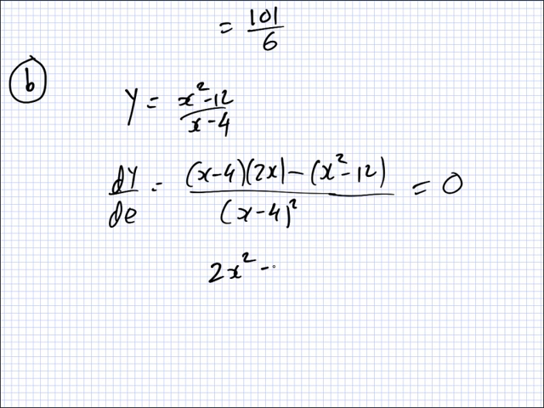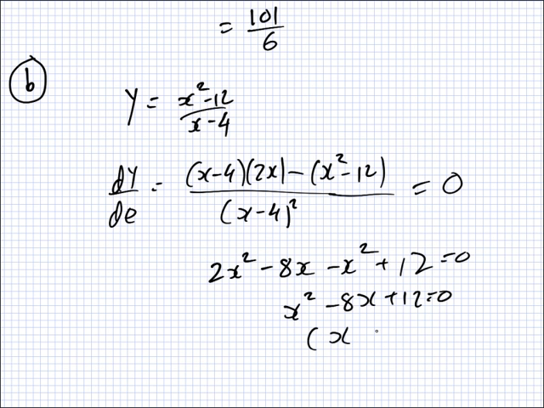2x squared minus 8x minus x squared plus 12 equals 0. So that's x squared minus 8x plus 12 equals 0. So what's that? x, 6 and 2?